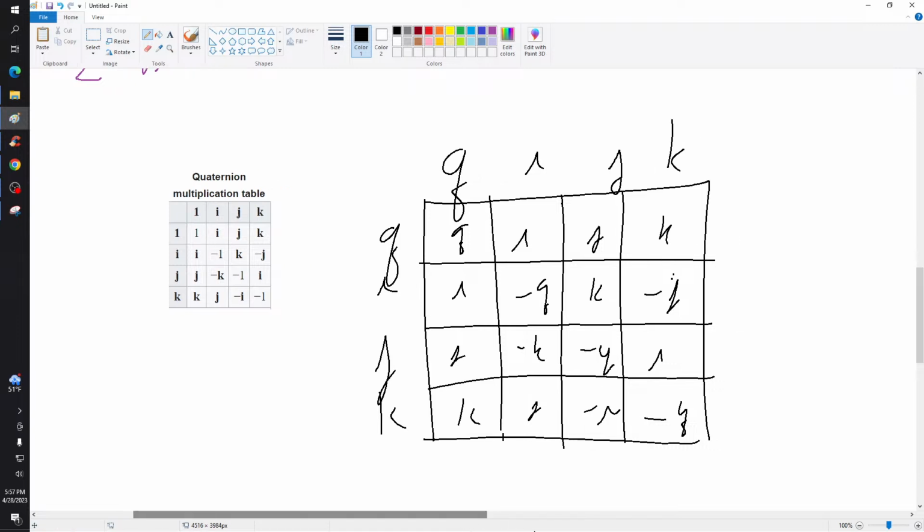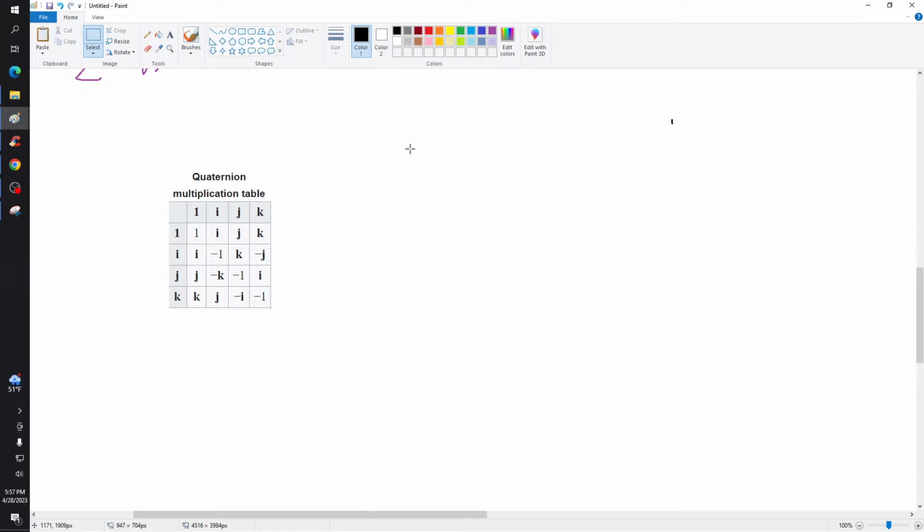We just replace this with lambda, mu, nu, and it's the exact same table, as long as you perform the rigid body rotation that way.